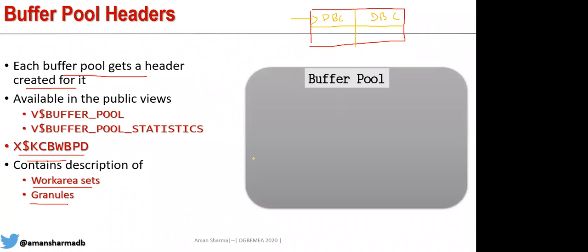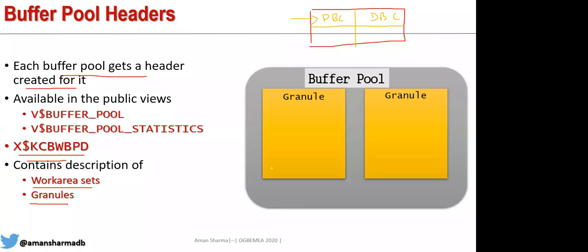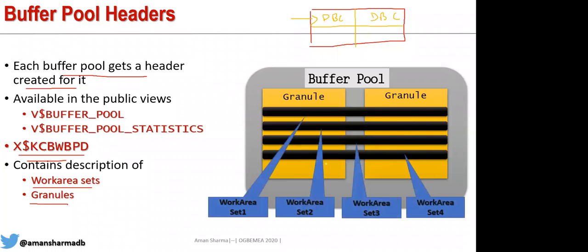So the buffer pool is going to have granules allocated. These granules are going to have work areas used within them. Multiple work areas are possible, and I believe it is based upon the CPU count. We'll see that part in a minute. And each work area set is maintained by DB writers. So when the DB writers write data out from the buffer cache, it is done in terms of multiple work areas or work area sets.